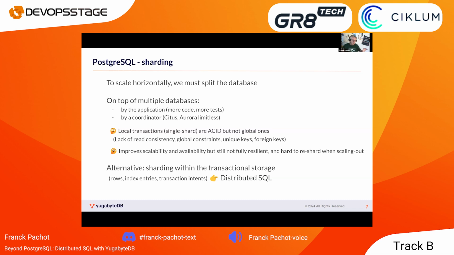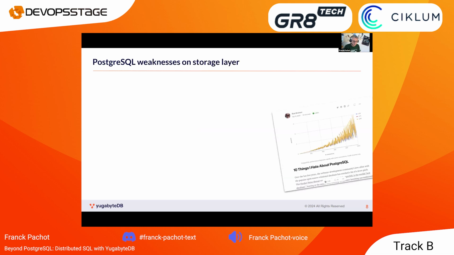And then when it goes to read and write the table rows, the index entries, the transaction status or intents, then this is distributed to multiple shards. But because it is below the SQL layer at the logical level, you still have all SQL features at the top layer. I will show a diagram of it to explain it.